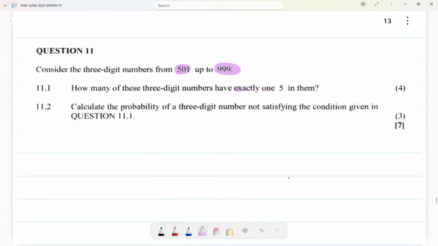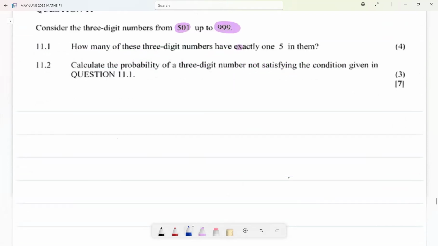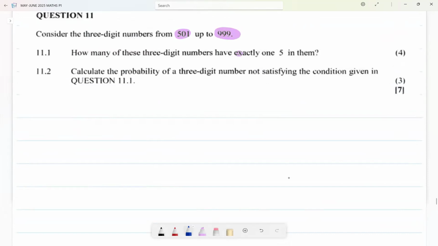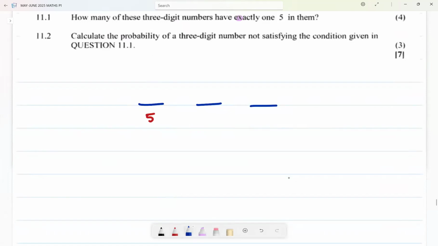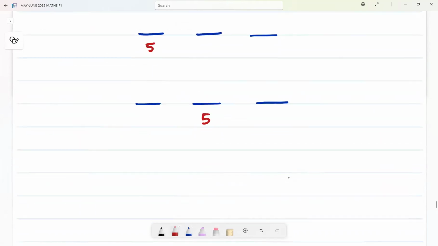So how can a code have one 5? A code can have one 5 if 5 starts here, or if 5 is placed on the second position, or when there is 5 on the last position.